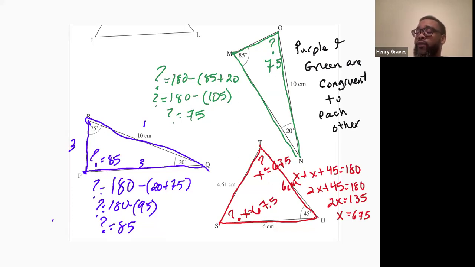So if each of those are 45, that means each of the other two missing ones are going to be 67 and a half. Only the green and the purple ones have the exact same degrees. See that? 75, 85, 20, 20, 85, and 75, making them congruent to one another.